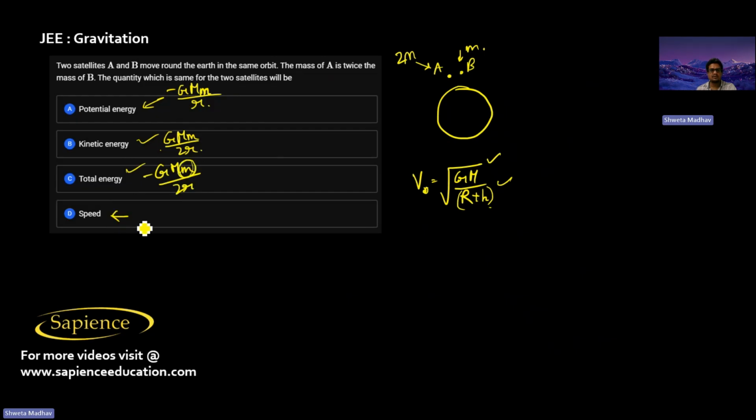But the orbital speed is equal to root GM by r, which is independent of the mass of the satellite. So only the orbital speed will be the same for the two satellites, even if their mass is not the same.